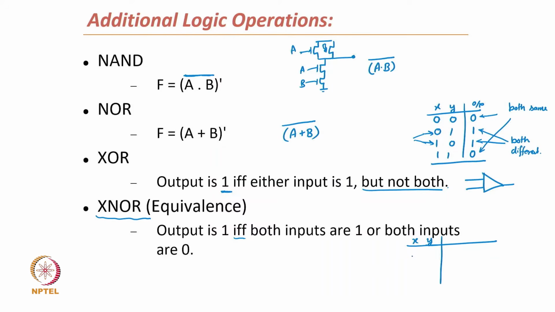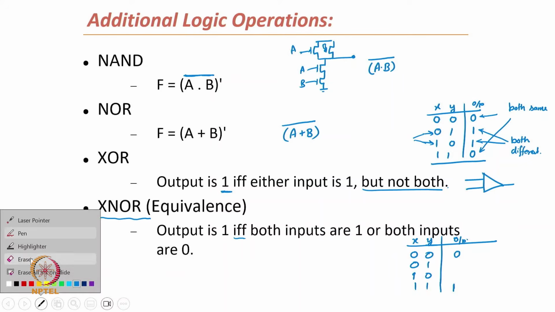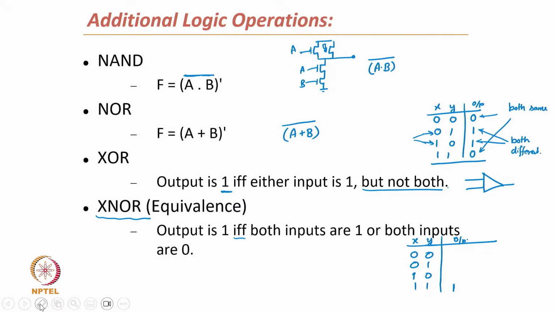We have x and y, 0 0, 0 1, 1 0, 1 1, these are the 4 states, and the output is 1 if and only if both inputs are 1 or both inputs are 0, otherwise it is 0.